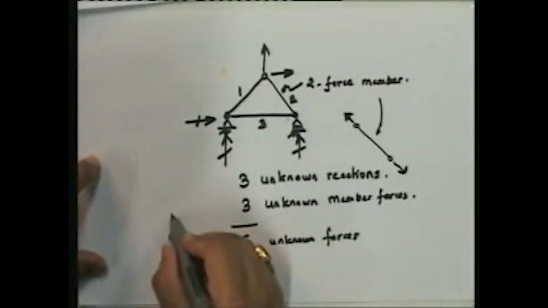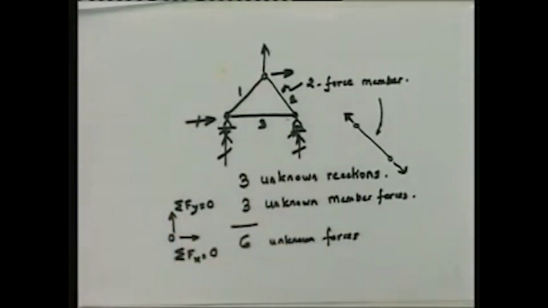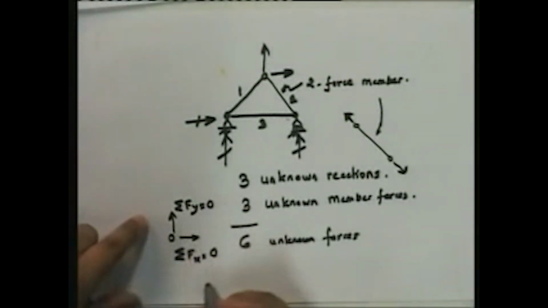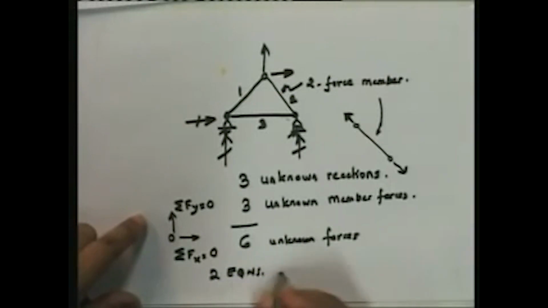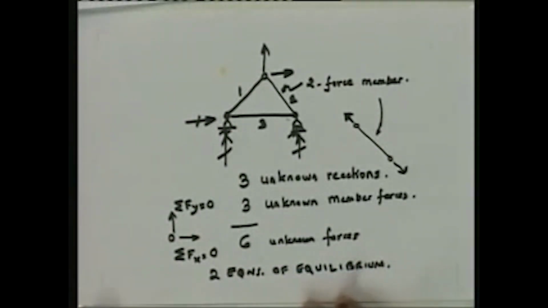And the other one is sigma Fy equal to 0. So at a point we can only generate 2 equilibrium equations. Therefore, we can write 2 equations of equilibrium for every point in the structure.